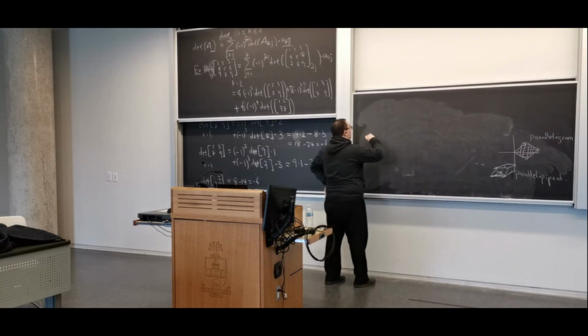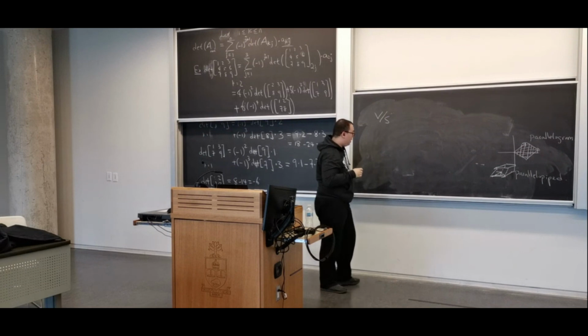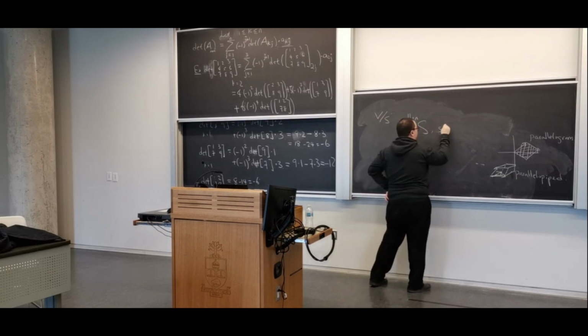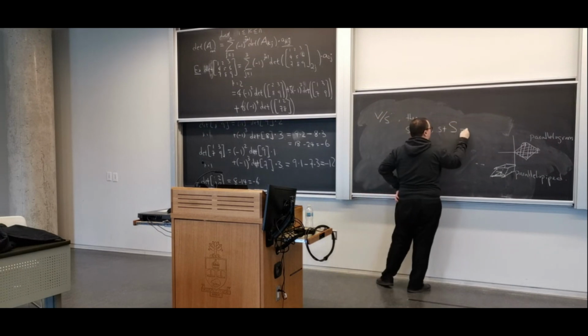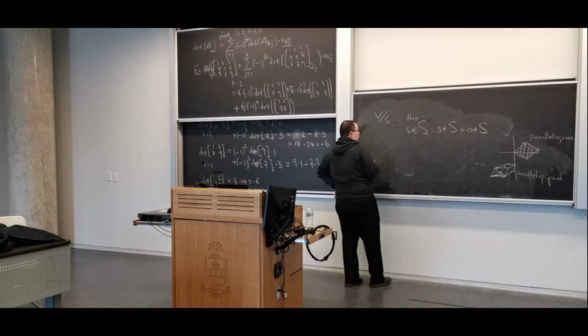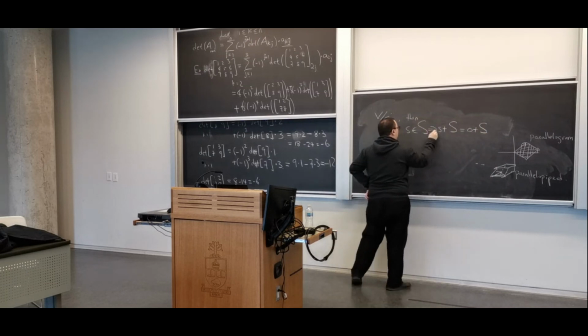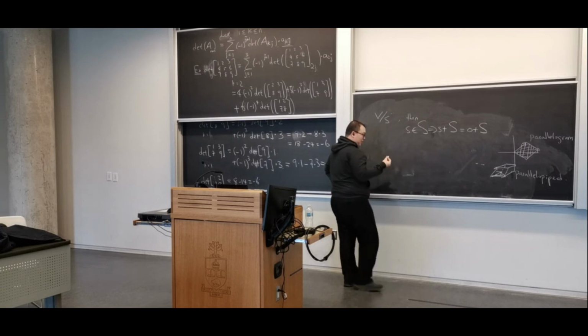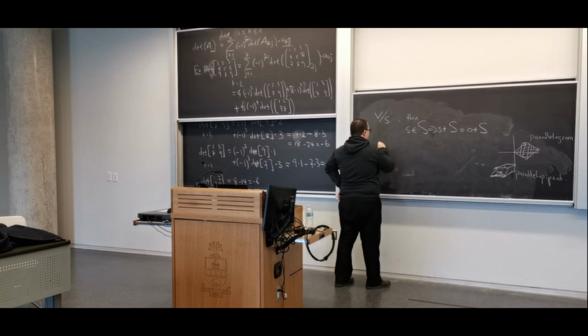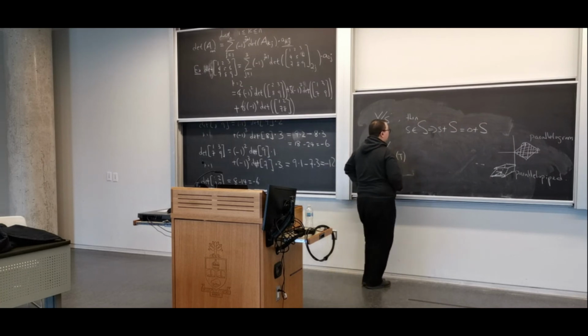So if I have V divided by S, a vector space divided by some subspace, right? Then if I have a small s in S, s plus S is going to equal 0 plus S. Right? So similarly, V/kernel of T is the same thing, right?